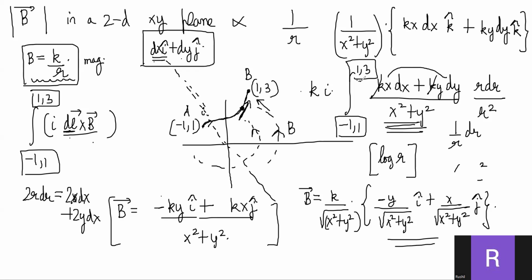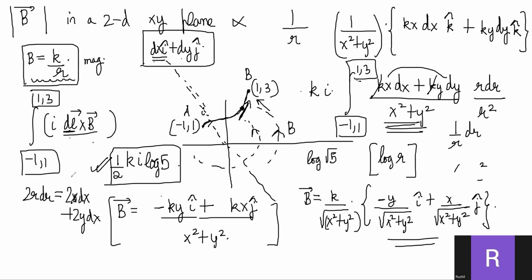R value at this point is root 10 and at this point is root 2. Getting log root 10 by root 2, which is root 5. The options are k cap ln root 5, and that's the answer.